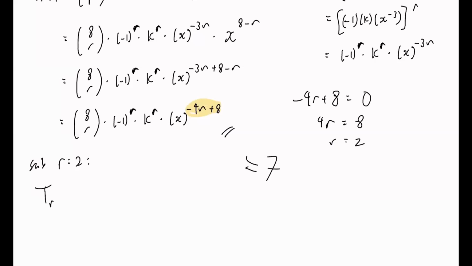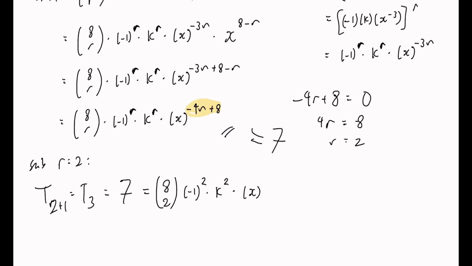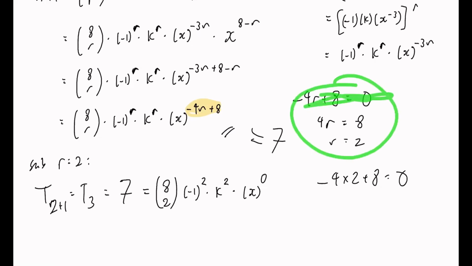So t2 plus 1, which is t3, is 7, which equals 8 choose 2 times negative 1 power 2 times k power 2 times x to the power of, what do you think will be the power? 0, right? Because they tell us it's constant. You can double check: minus 4 times 2 plus 8 is 0. Because that's what we solved, right? Just walk backwards. Yeah, so anything power 0 is just 1. You can remove it.